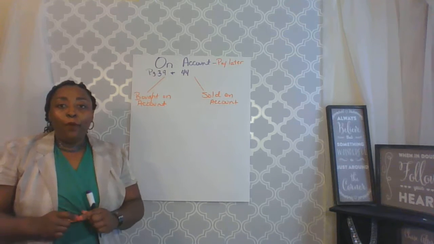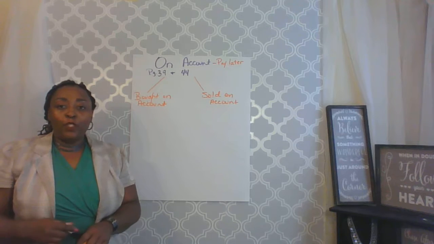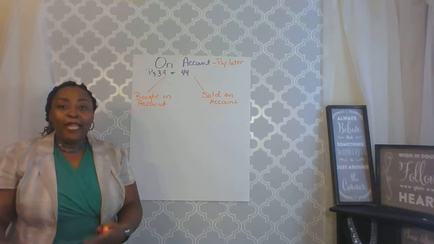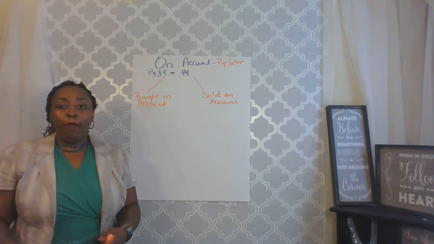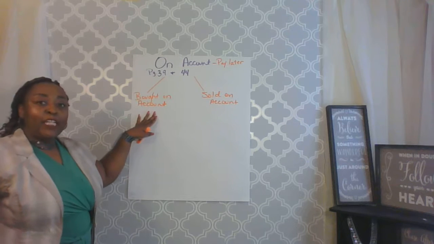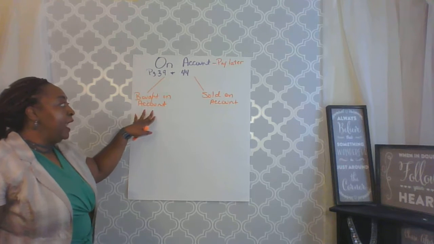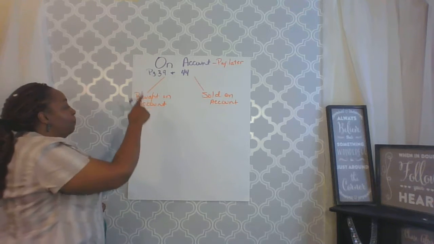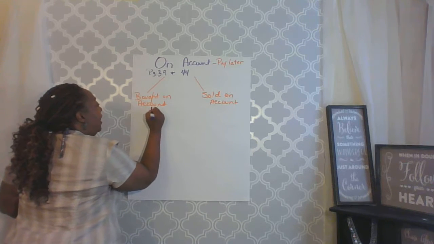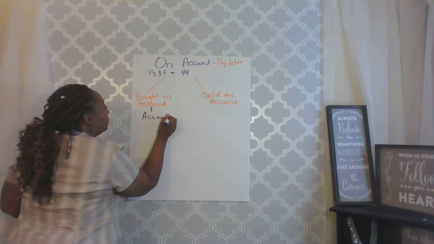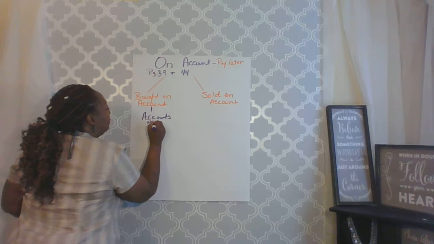Remember, we write on the board to illustrate to our students the importance of writing. When they see you write, they will write, and it reinforces the concept for them. The transaction will either say bought on account or sold on account. If it is bought on account, that is accounts payable.